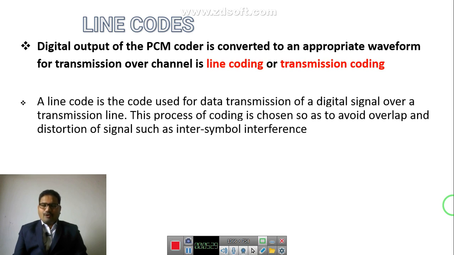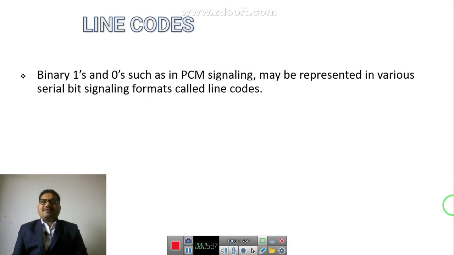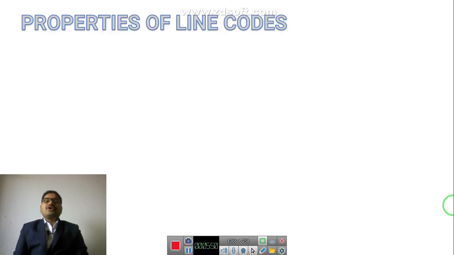The process of coding is chosen so as to avoid overlap and distortion of the signal, such as inter-symbol interference. In another way, binary ones and zeros, such as in a PCM signal, may be represented in various serial bit signaling formats called line codes. Now, moving towards the properties of line codes.